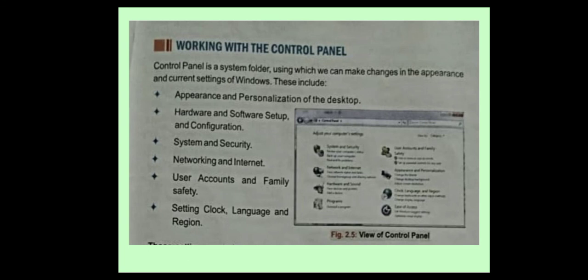You can also set the clock and date. After this video we will discuss how to set the clock and date on your computer. So this is the most important portion of the computer, control panel, where you control all the activity and all types of appearance in the computer, and it is an easy way to maintain it.